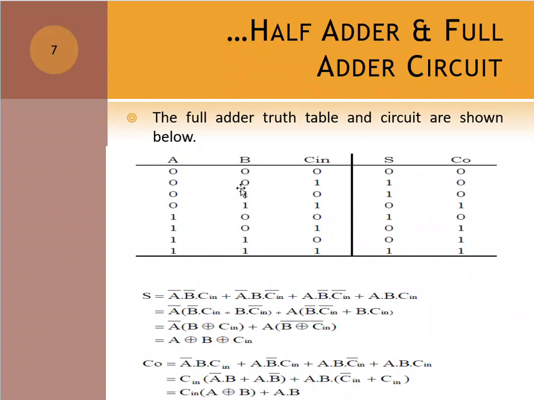So A bar B bar C in, plus A bar B C in bar, then A B bar C in bar, plus A B C in. Then you can apply Boolean algebra theorems and finally you will get this. You can try to prove this part on your own. I'm not going to spend much time here.